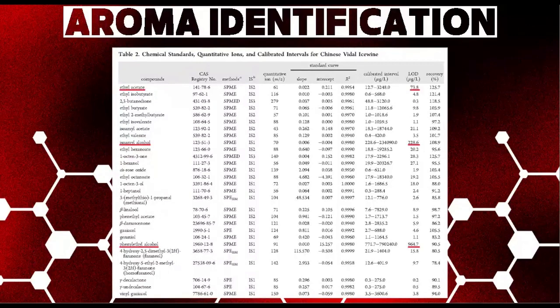This is the table listing data of chemical standards. The quantitative methods used SPE, which stands for solid phase extraction gas chromatography mass spectrometry, SPME for solid phase microextraction gas chromatography mass spectrometry, and SPME-D, which is the same as SPME but done after chemical derivatization.